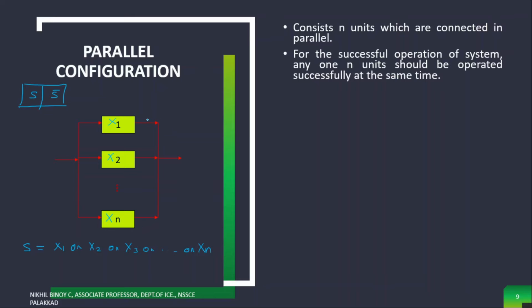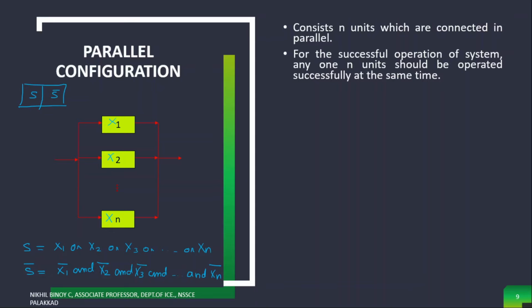Am I correct? So what can we write? S bar is equal to x1 bar, meaning the first component has failed, and the second component has failed, and the third, etc., and the last component has failed.